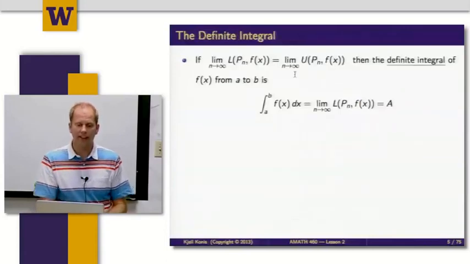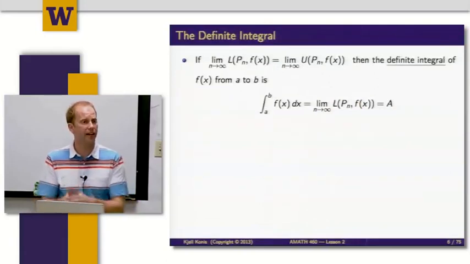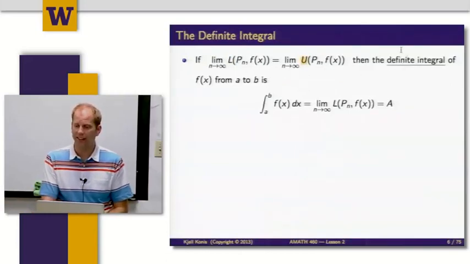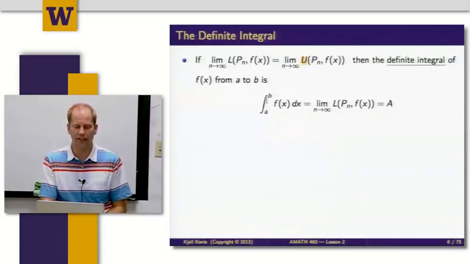And so I'm going to say that if those two limits are equal, if I let my partition become finer and finer in the limit, and my lower bound is equal to my upper bound, then I'm going to define the definite integral of f of x from a to b, which I write using this symbol here that I can't highlight, as the integral from a to b of f of x dx.